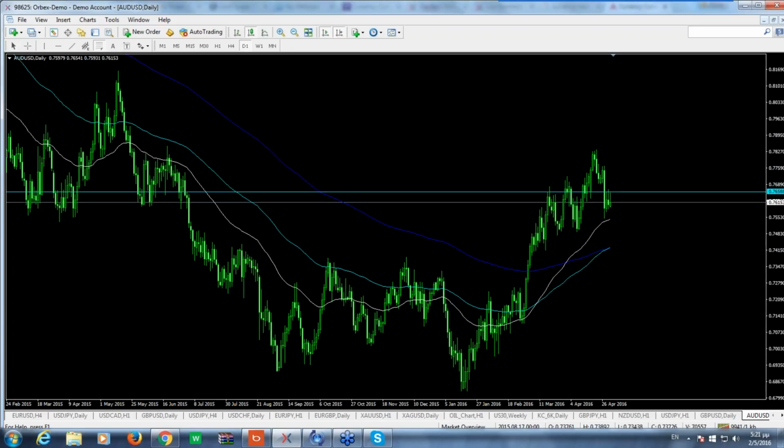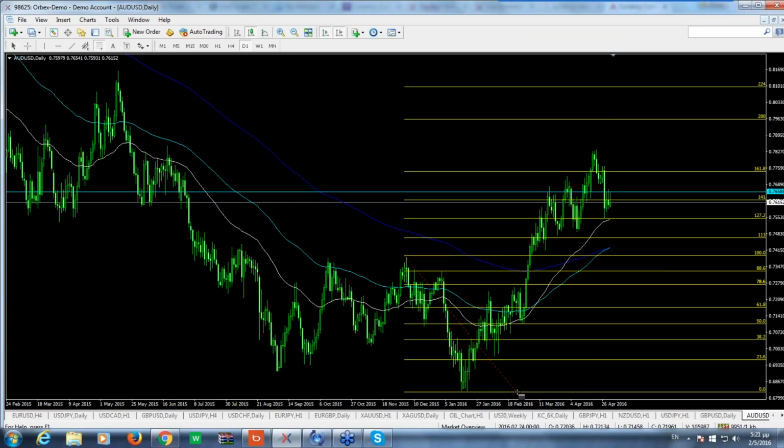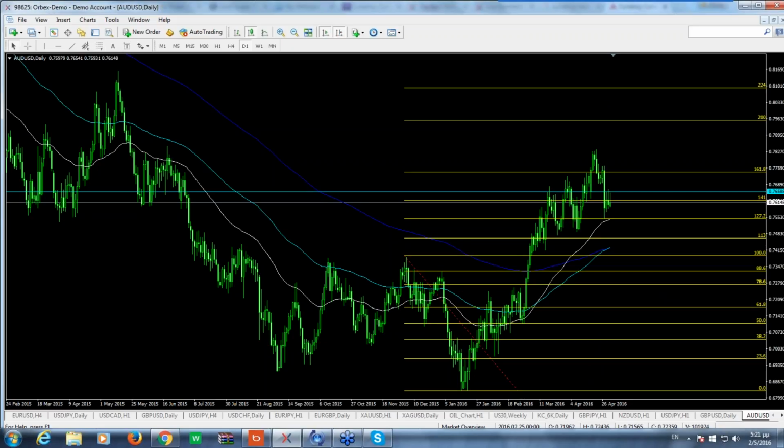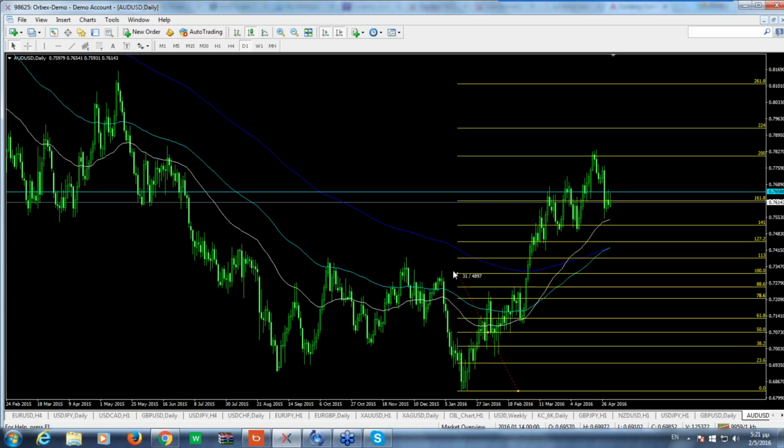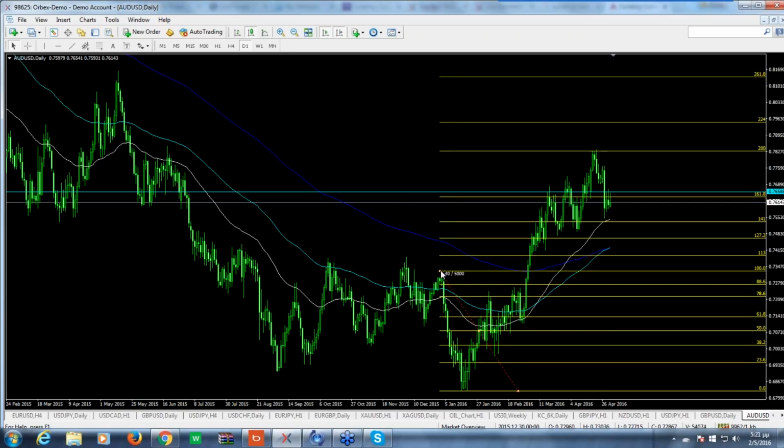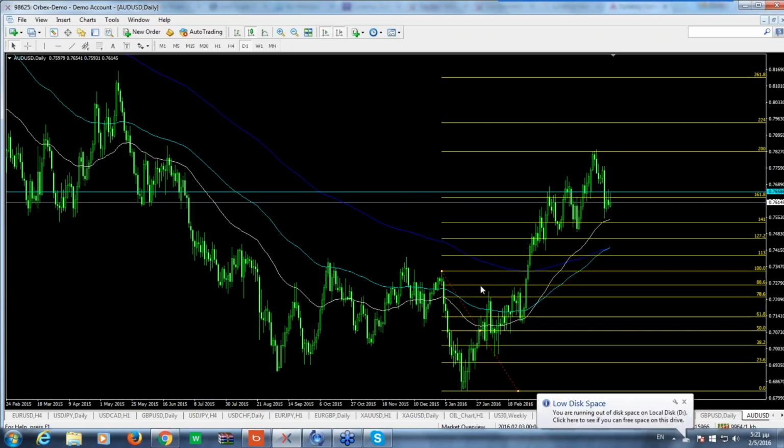So here, for the AUD USD on a daily chart, I just want to test whether there's a possibility of a Z-like pattern. Possibly. As you can see, that's actually on the dot at 200.